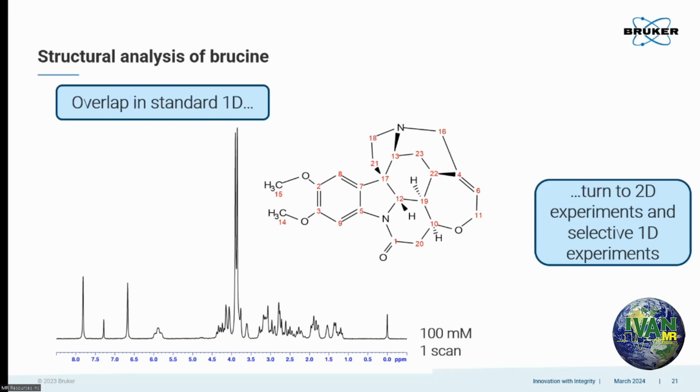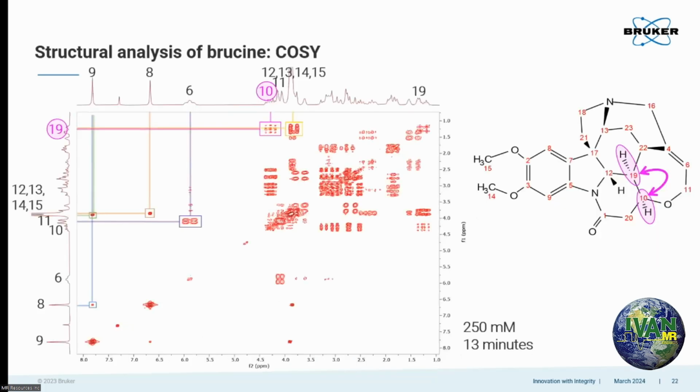And so how we can still make use of this is turning to 2D experiments and 1D selective experiments. So first up, I just show a COSY to show you that you can get some more information from this just by moving to a second dimension. And I'm going to highlight really some correlations we can see quite easily.